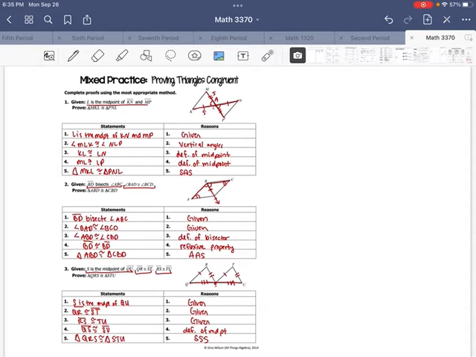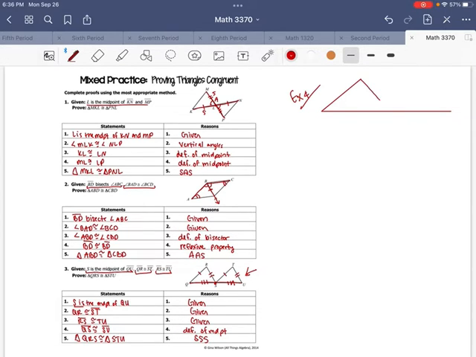So I'm going to draw this picture over here. Okay, well, close enough.